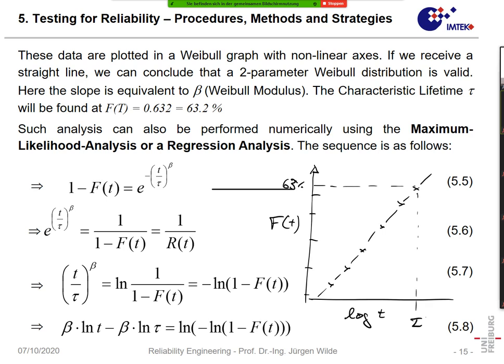Then we take the logarithm, and then we can see (t divided by tau) to the power of beta is ln of 1 divided by (1 minus F of t), or to make it a little simpler, minus ln (1 minus F of t).